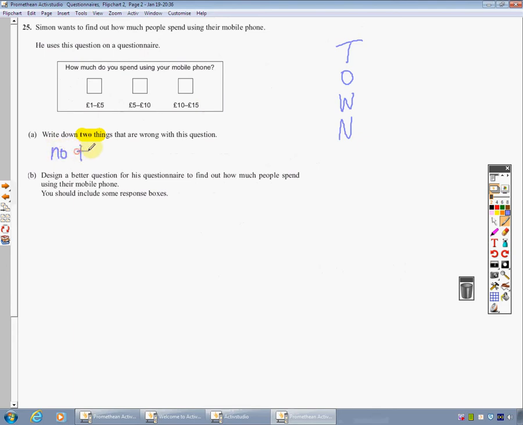I've got to find something else as well. The next thing down on here is O for overlap. Do the boxes here overlap? Yes, they do. If someone says £5, is he going to tick here or is he going to tick there? So, boxes overlap. That's the 2 easiest marks on the paper.